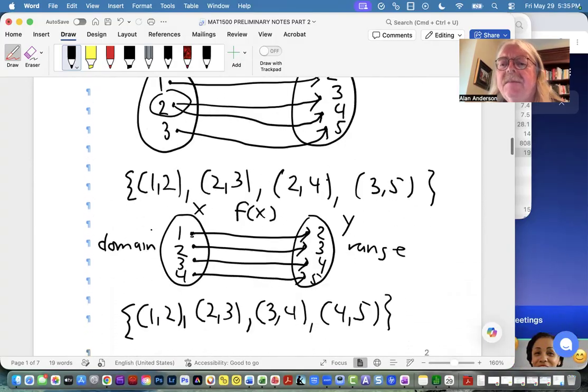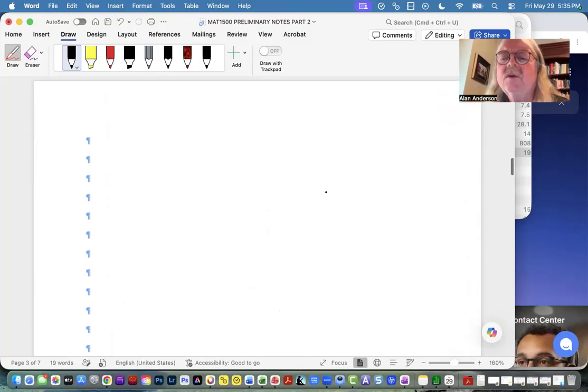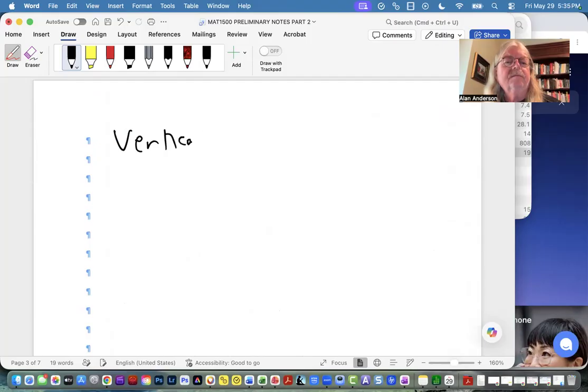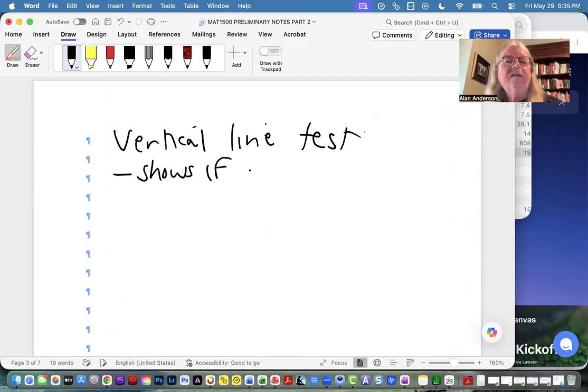And I think last time I mentioned that you can tell by looking at a graph if it's a function or not with the so-called vertical line test. It shows if a graph represents a function.